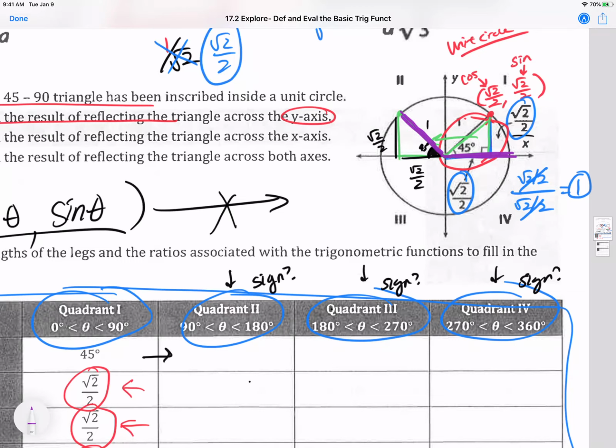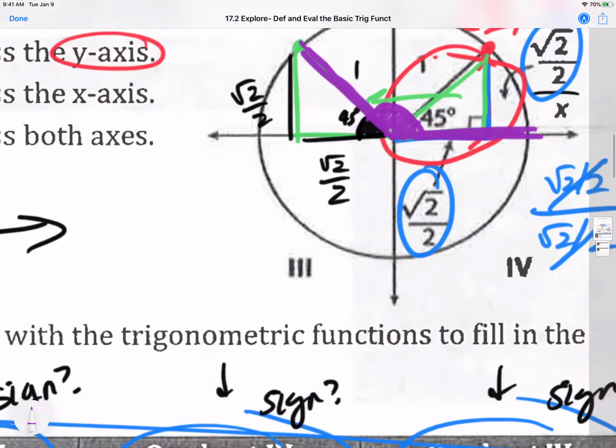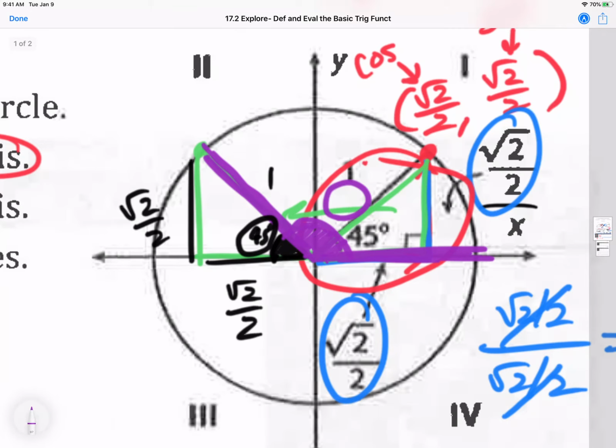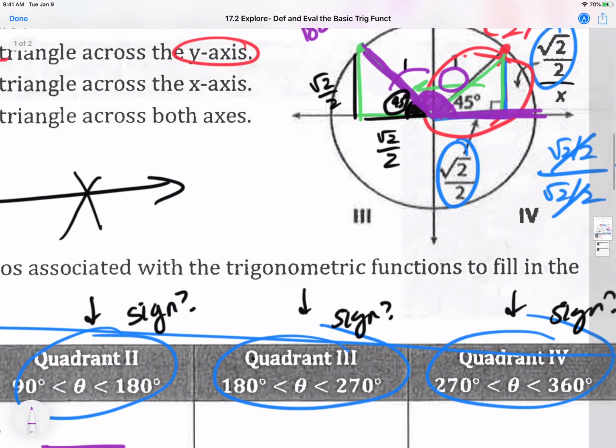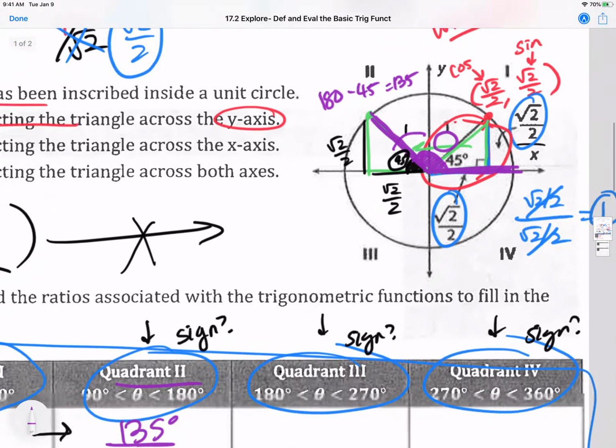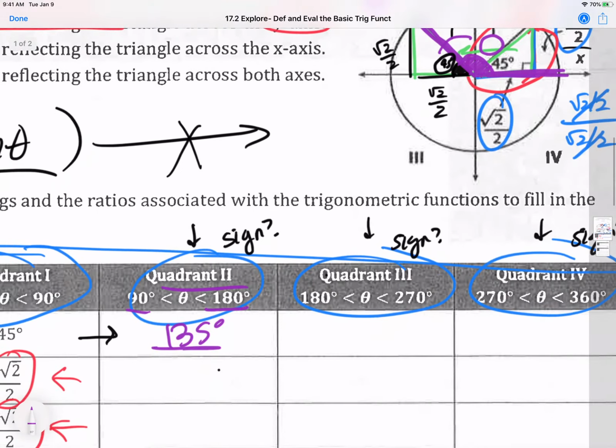Well, if you know that this part is 45, how much is left to make this whole thing 180? Well, 180 minus 45 should do the trick, right? Which gives you 135. And that's exactly what we're going to put in the second quadrant, 135 degrees. Notice how they give you the intervals: between 90 and 180. Well, 135 fits right in there, doesn't it? So I know that I'm in good shape.